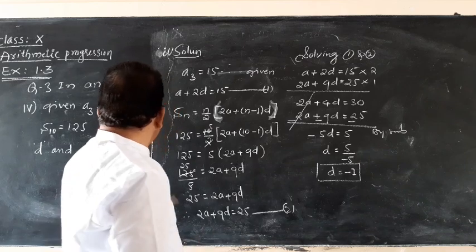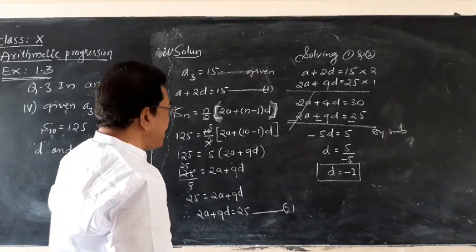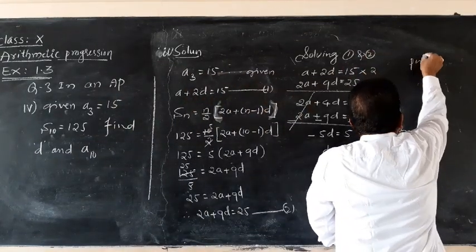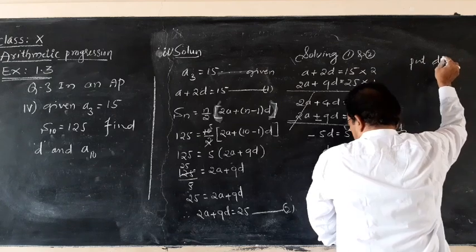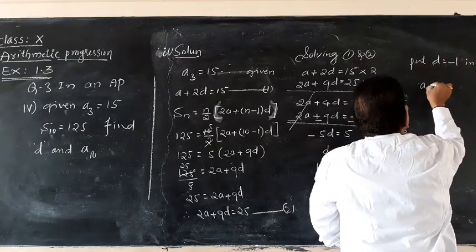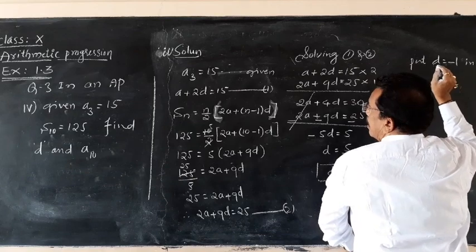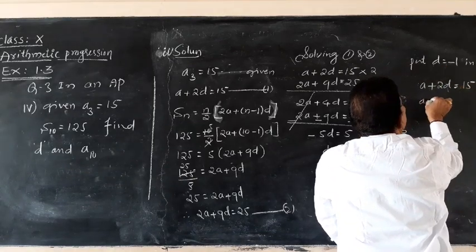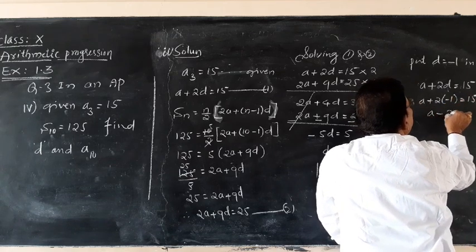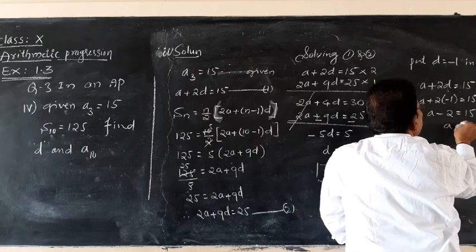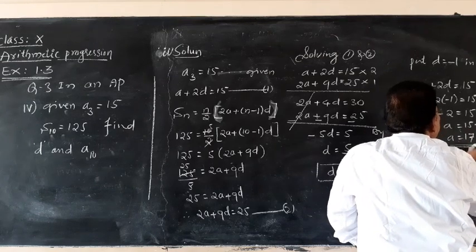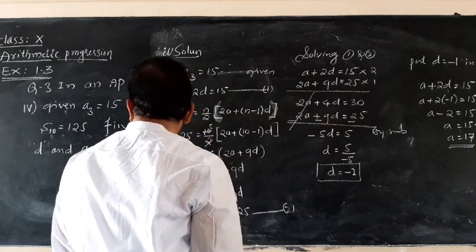We need to find a and a10. Put d equals minus 1 in 1. That is a plus 2d equals 15. a plus 2 into minus 1 equals 15. a minus 2 equals 15. a equals 15 plus 2, that is a equals 17.